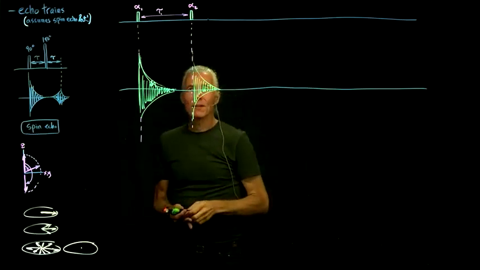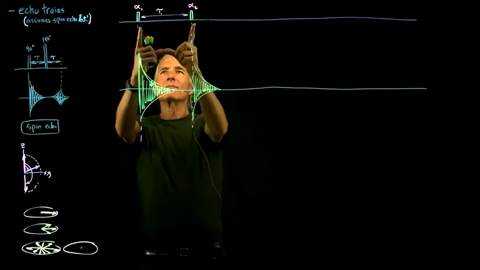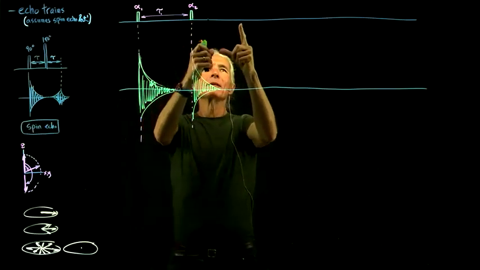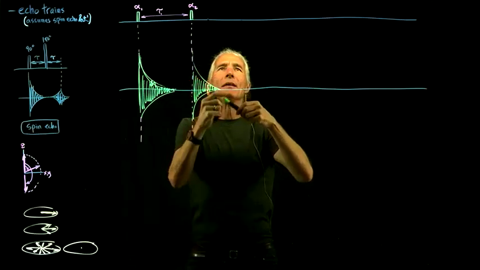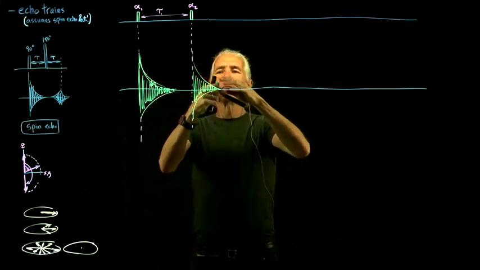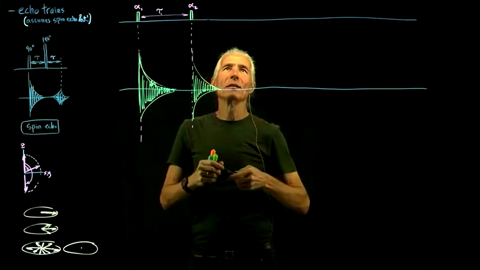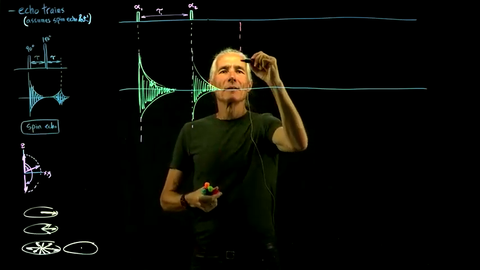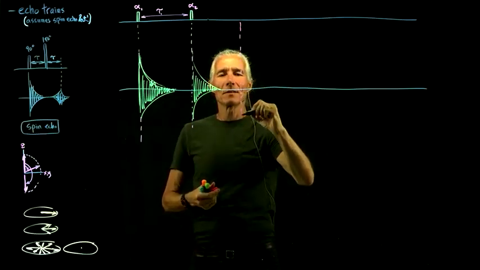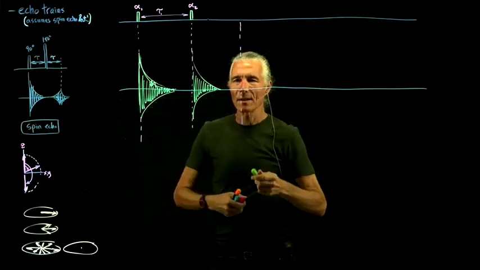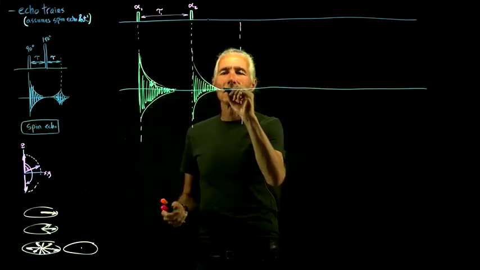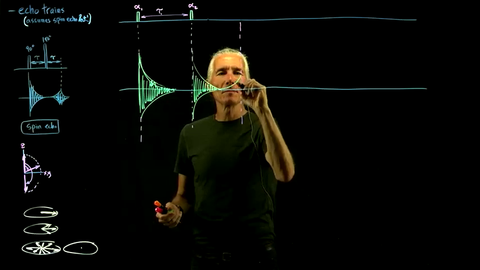And then the first thing that happens is we go that amount of time forward, and we get an echo. And so that's our first echo. It will come up, it's a pretty big echo.